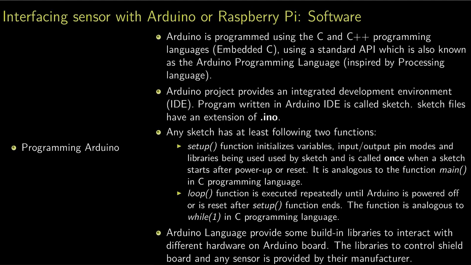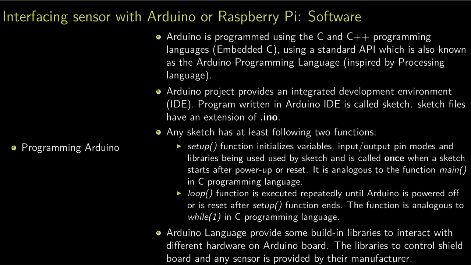So now any sketch has at least the following two functions. ये दो functions होते हैं at least. Setup function initializes the variables, input output pin modes and libraries being used by sketch and is called once when a sketch starts after power up or a reset.